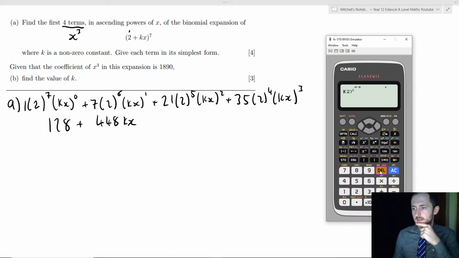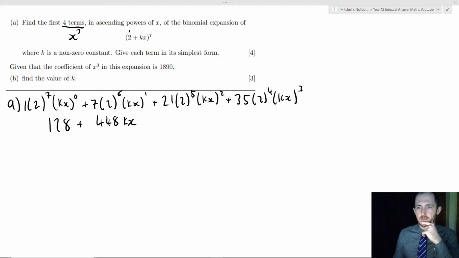Again, I probably did that the wrong way around, but that's totally fine. Again, if there was a number in front of x, I would also add that bracket on at the end, like I've done in the previous questions. But in this case, it doesn't really make much sense to.